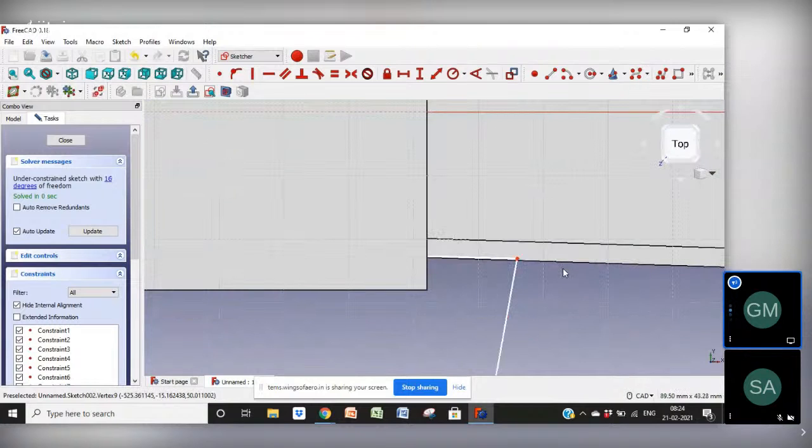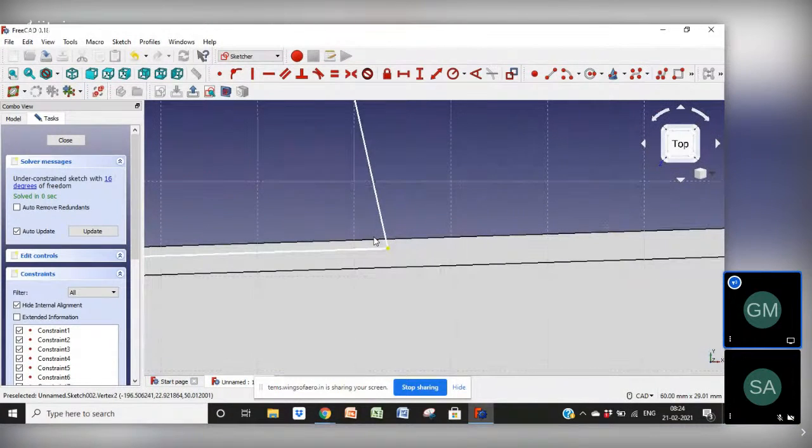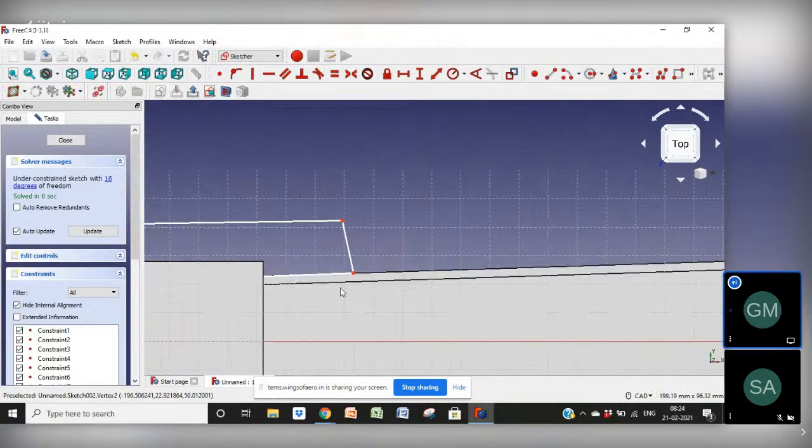Just making them coincide with each other exactly like here. This, like this.